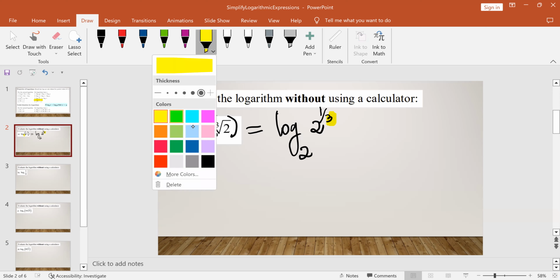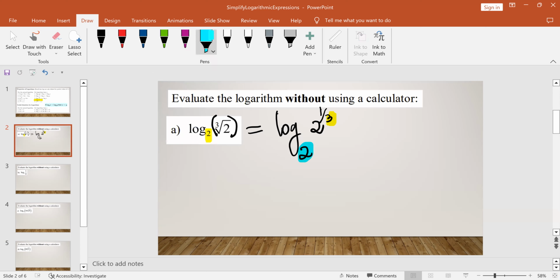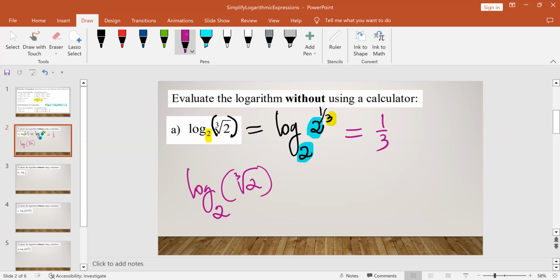The base for the logarithm is there, and the base for the exponent also is there. Therefore, the answer to this question is just 1 over 3. So log of cube root of 2 with base 2 is 1 over 3.